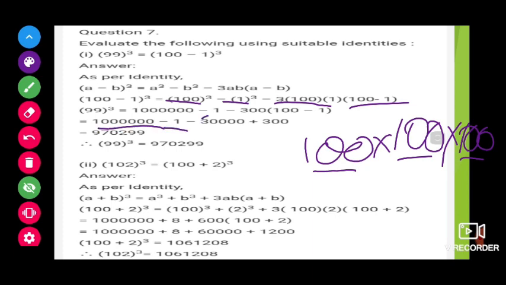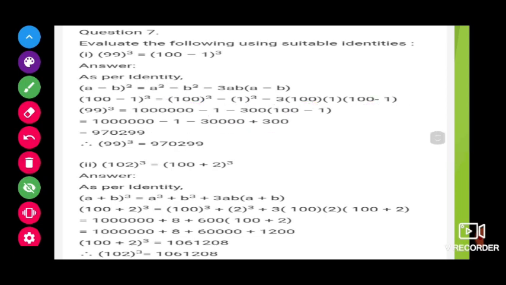Minus 1 cube means 1 only. Now outside 3 into 100, 300 into 100 minus 1. So 300 into 100, 30,000, 300 into 1, 300. Now 100 cube minus 1 minus 30,000 plus 300, if we do, we will get 9,70,299. That's it.